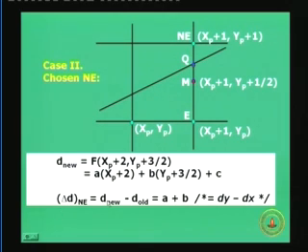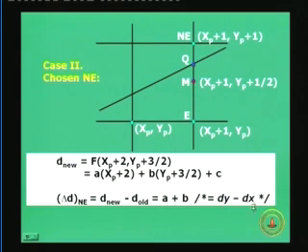So, we subtract the two expressions, d old from d new, and get the expression of the delta d under the case that you have chosen northeast, and that difference will give you a plus b. And you know what the parameters a and b are? They are nothing but, as I have written in the comments, dy and minus dx.